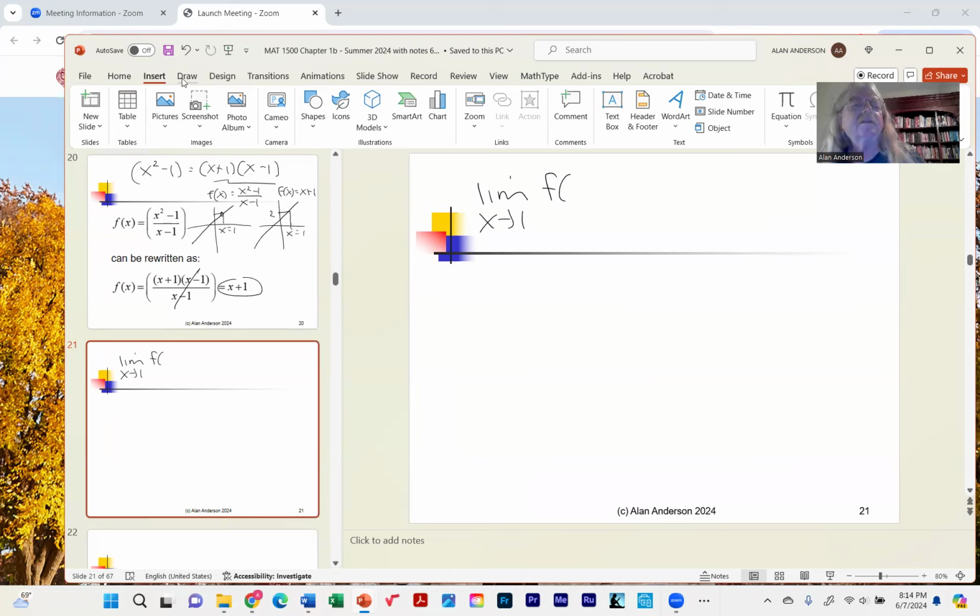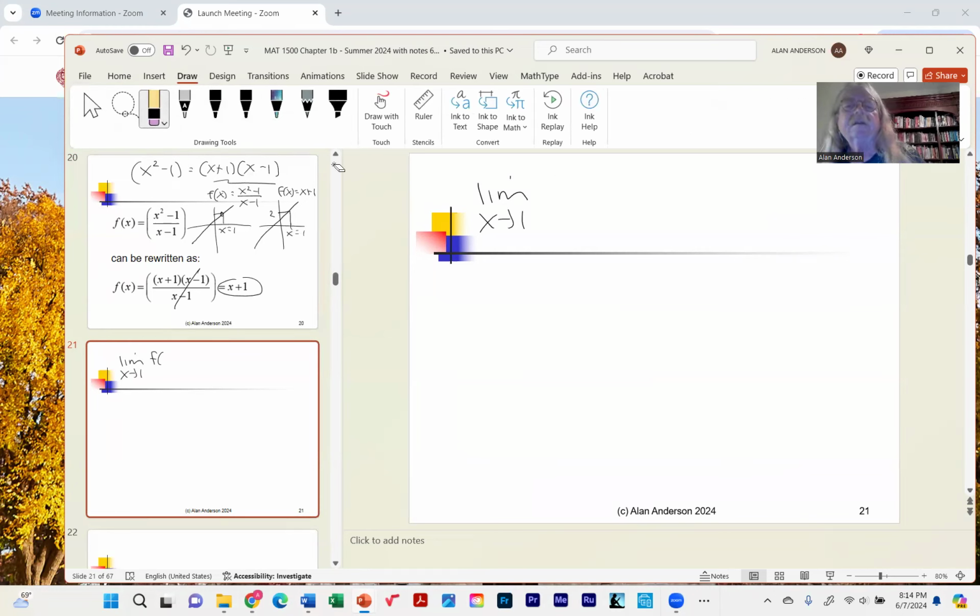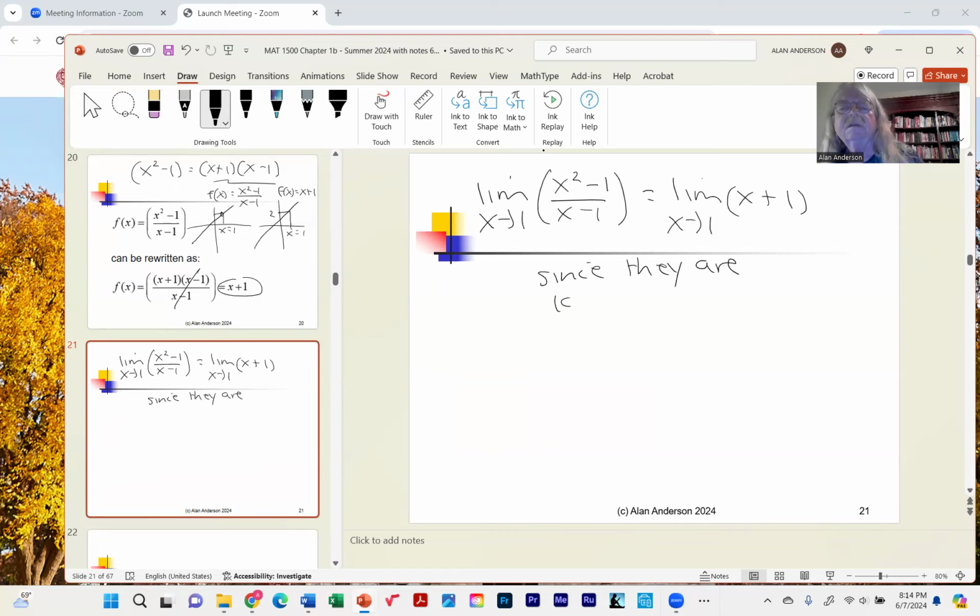So I'll just write this as x squared minus 1 over x minus 1, since they are identical, except when x equals 1.